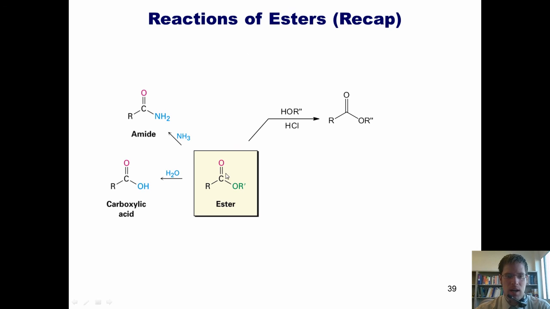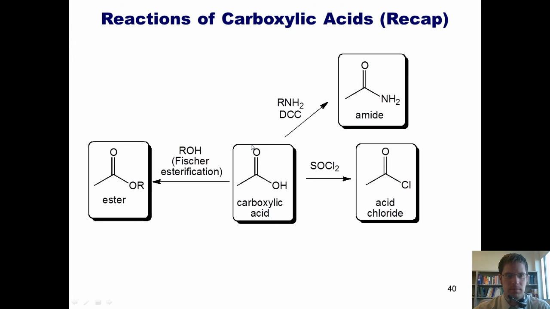We can hydrolyze off the alkoxide group with water to form carboxylic acids, with amines to form amides, and with other alcohols to form different esters. This sequence is called a transesterification catalyzed by acid.